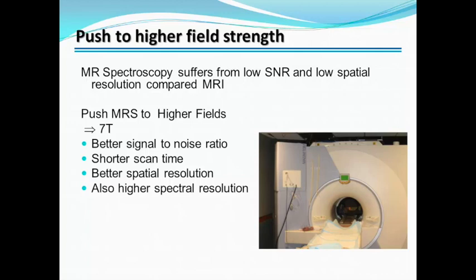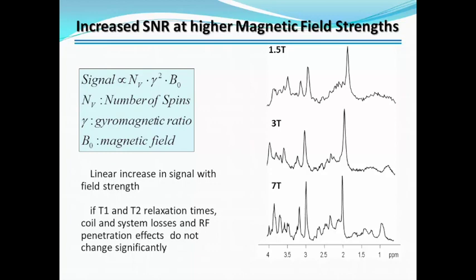So there's certainly a need to go to high field strengths for better signal to noise, or shorter scan times, better spatial resolution, and also higher spectral resolution. So here's an example of spectra obtained at 1.5 T and 7 T, and the signal depends on how many spins you acquire, the gyromagnetic ratio, which you cannot do anything about, and the magnetic field strength. So it linearly should go up with field strength, and you actually see that the noise decreases.